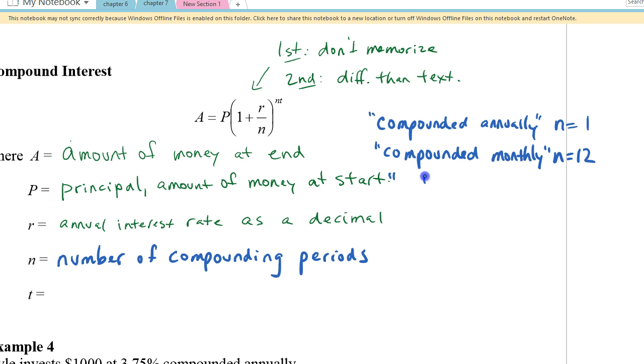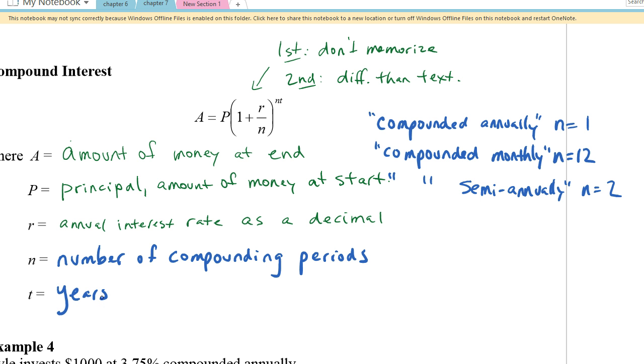Another one could be compounded semi-annually, which would be every 6 months or twice a year. So that would be N is equal to 2. So those are just some examples of what N value you might be getting, and it's a little bit of understanding of English. Annually, once a year; monthly means 12 times in a year; semi-annually means 2 times in a year, and so on. So the t would be the number of years.